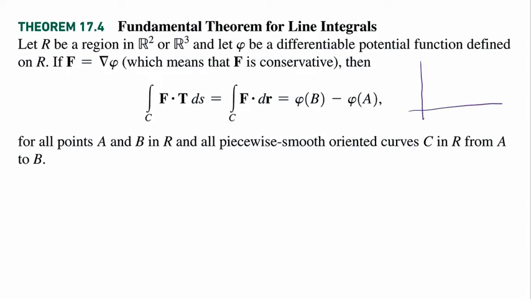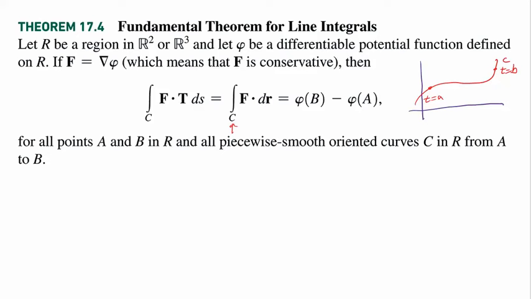So let's say we've got some curve C. Okay, so that's this guy here. And if we want to evaluate this line integral, say from t equals little a to t equals little b.